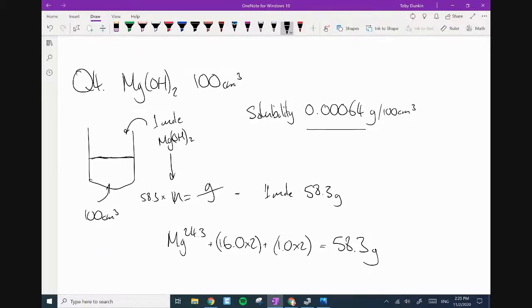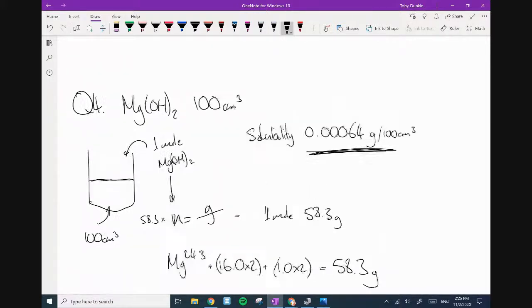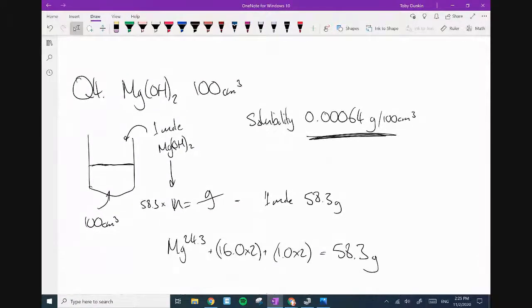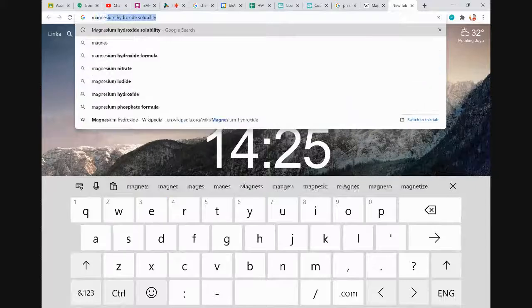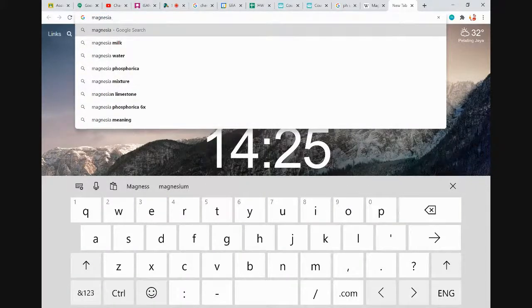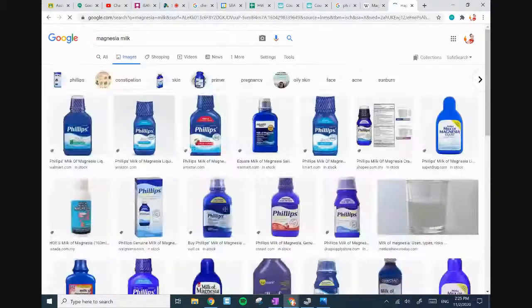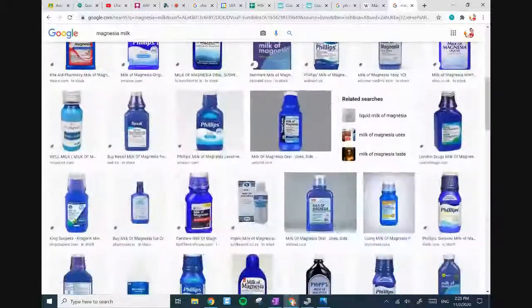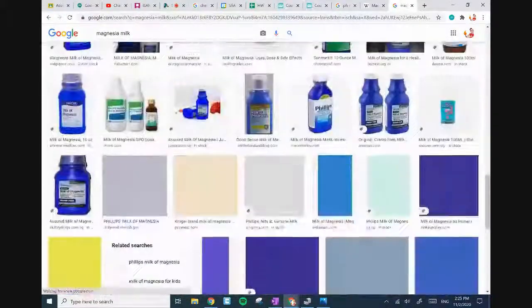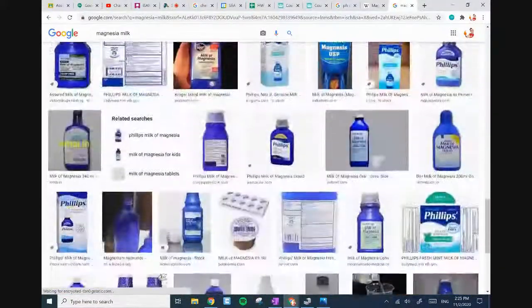Because only that much of it will dissolve at room temperature. So it's going to form a white milky solution. Ah, milk of magnesia. If any of you have ever suffered from heartburn, I do on a regular basis, if you ever drink milk of magnesia, it's gross stuff.